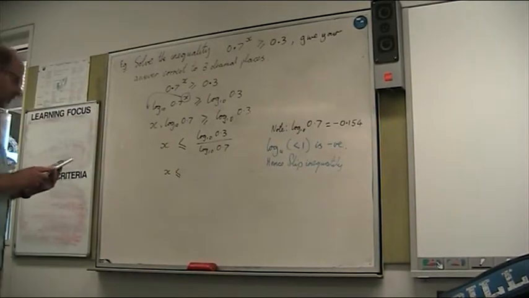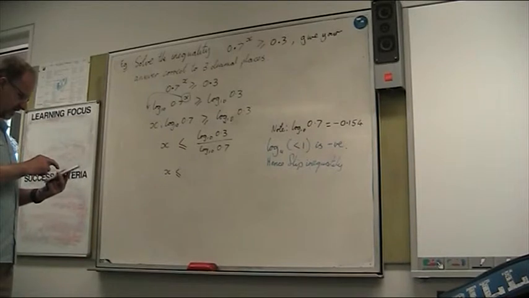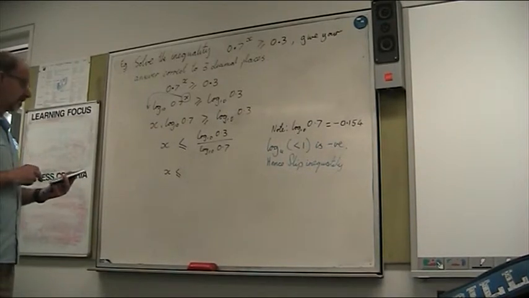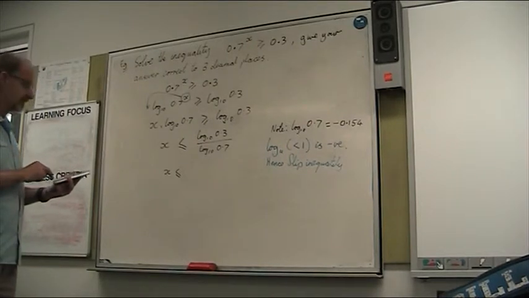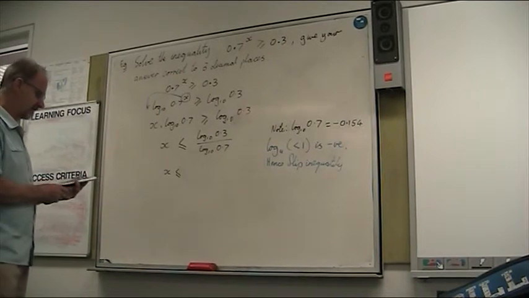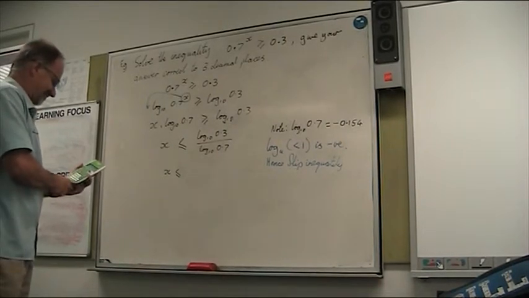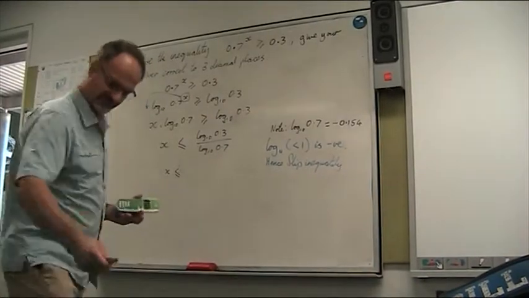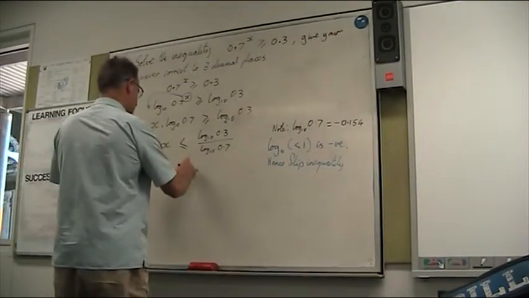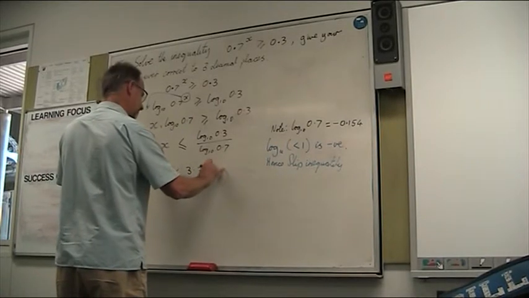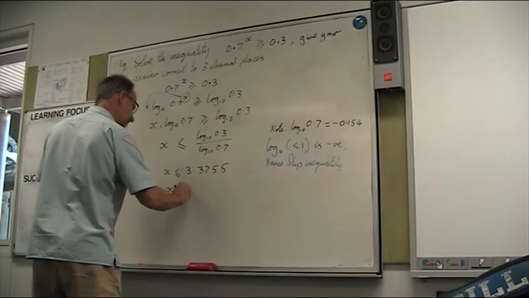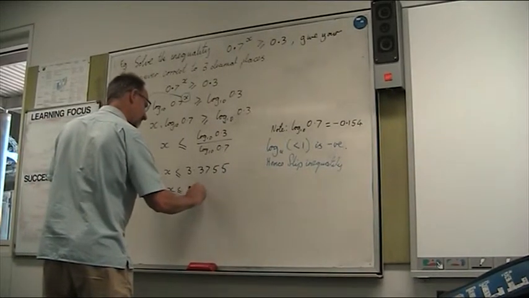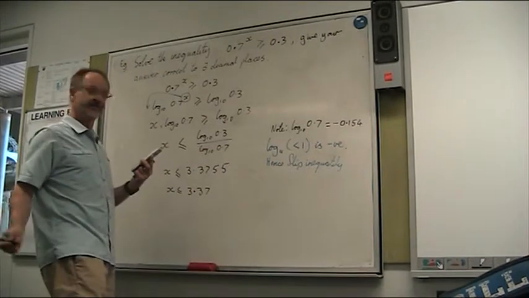So when we do log base 10 of 0.3 divided by log base 10 of 0.7, to 3 decimal places, which is 3.3755, correctly rounding is 3.376.